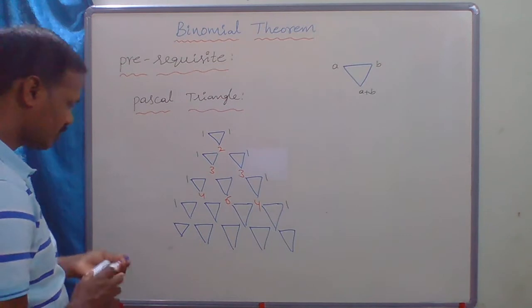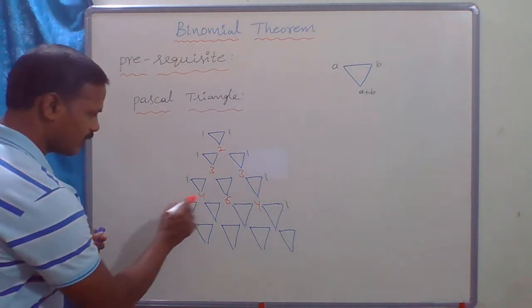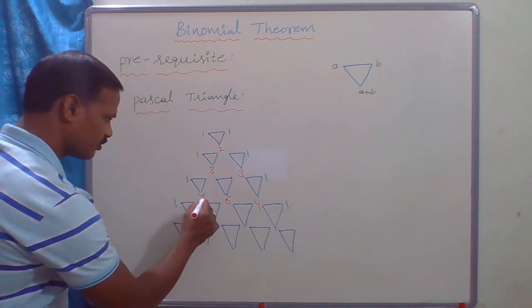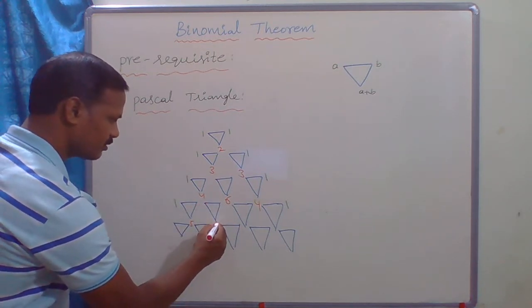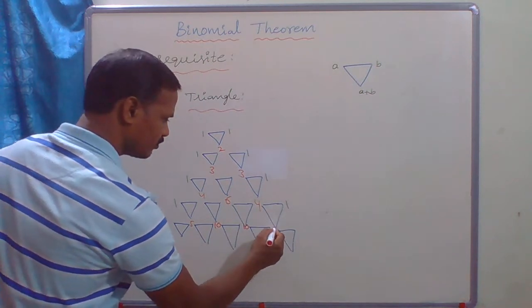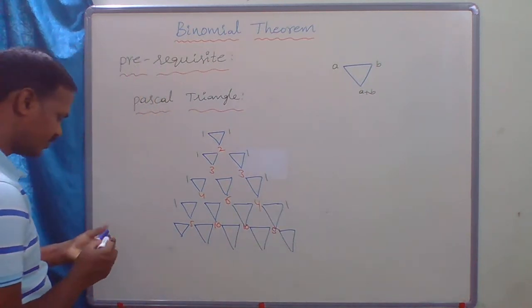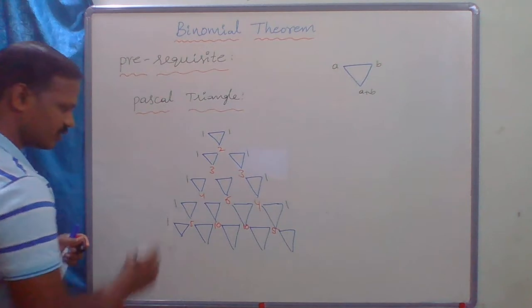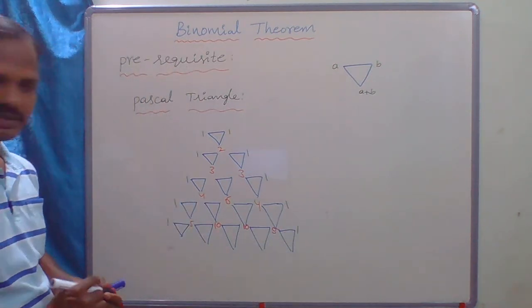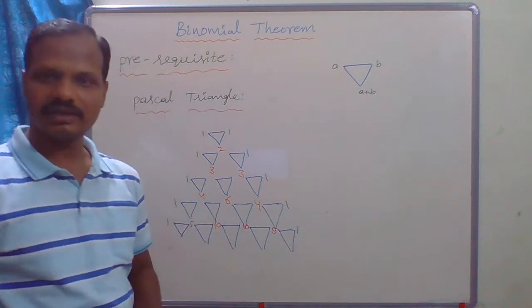Now here 1 plus 4, 5, 4 plus 6, 10, 6 plus 4, 10, 4 plus 1, 5. The end vertices, the starting one and the last one, are 1, 1. So this is called Pascal triangle.